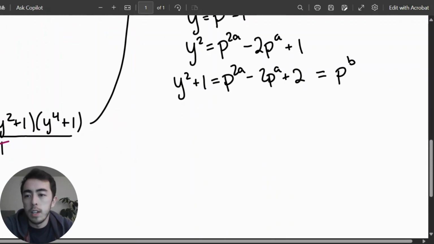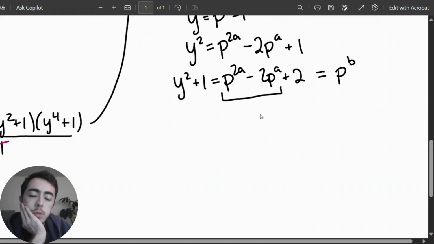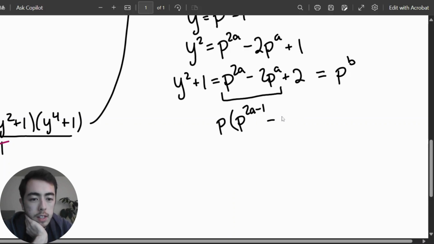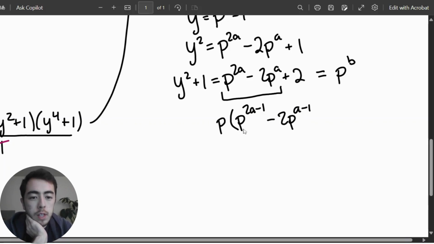On the left side here, I could think about this a different way, where this is just a multiple of p. I can show this because I could factor out just one p from both of these terms, and I get p to the 2a minus 1 over here, minus 2p to the a minus 1. Ultimately, when I take some prime and raise it to some power and do all this multiplication, this right here is just going to be a whole number.